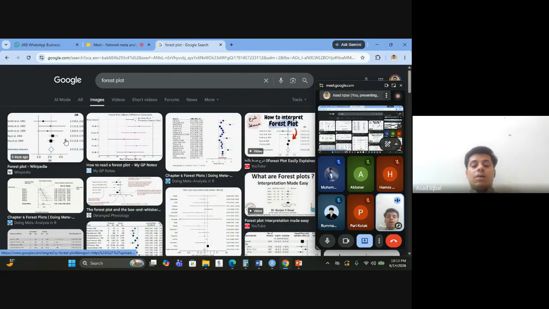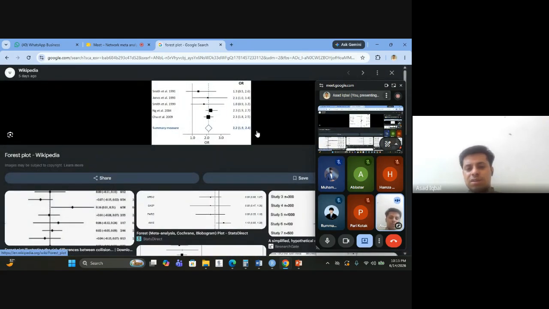There is one study, another study, third, fourth, fifth, and there is a total pooled result of all the studies, and they are all represented in a plot called a forest plot. Before visualizing the data via forest plot, they usually run a meta-analysis via metabin, metacont, metaprop, metamean, or metagen. By this way, they visualize their data via forest plot.